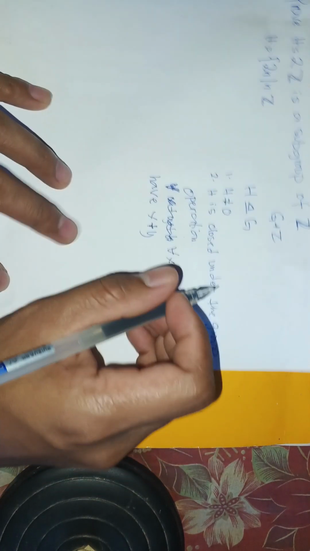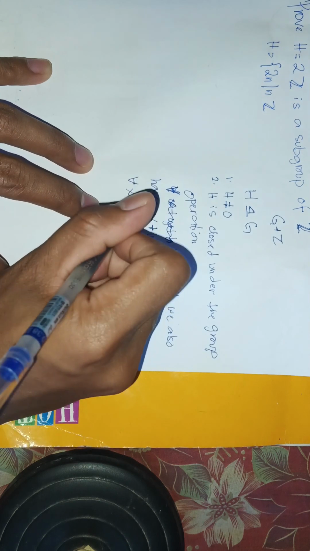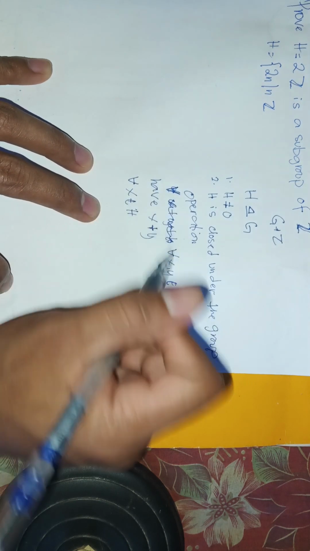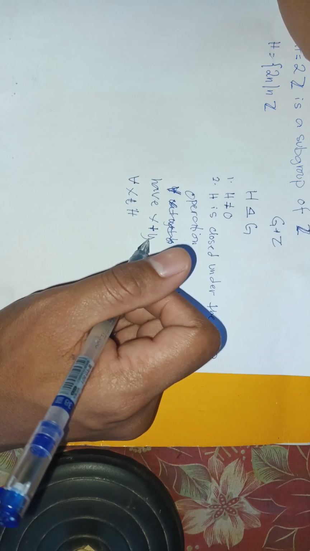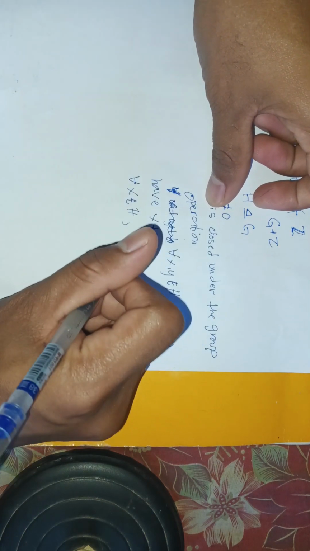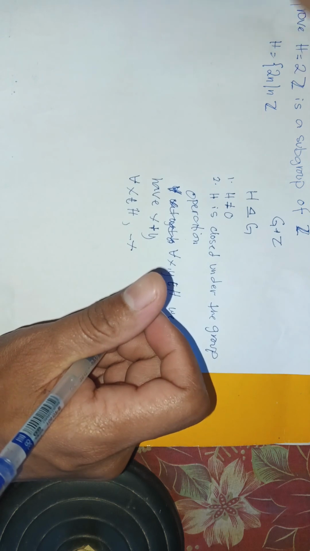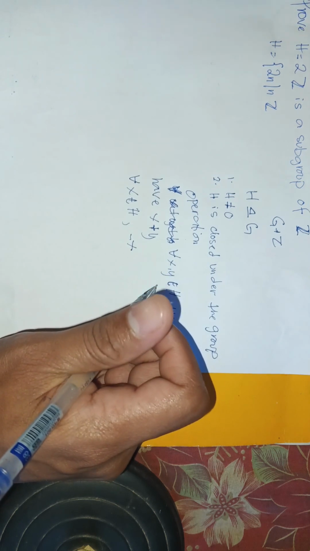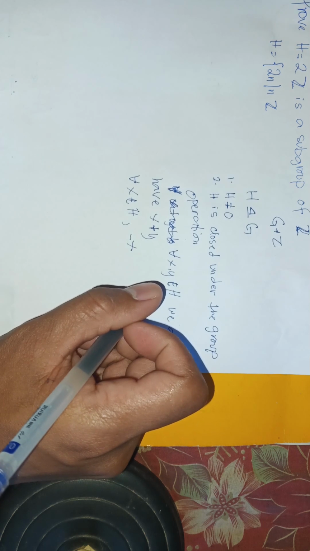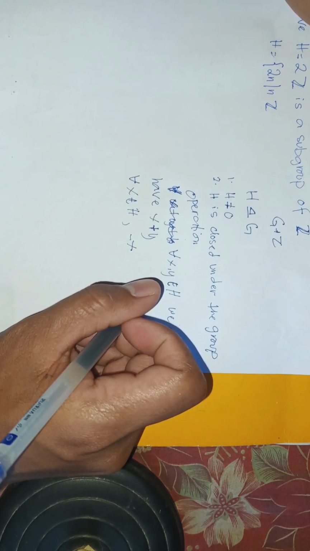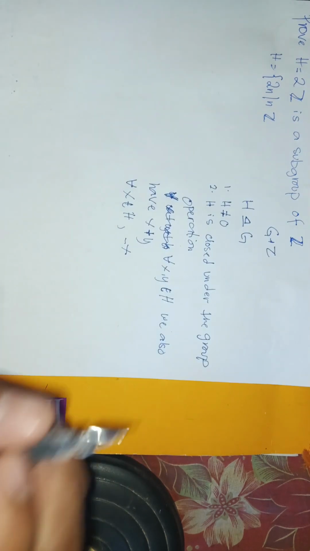It means that for every x in H, we have the inverse, negative x, also in H. And again, if you were using multiplicative notation, it would be x to the negative 1 in H. So whenever we have a question that requires us to show something is a subgroup of a group, all we have to do is meet these three conditions.